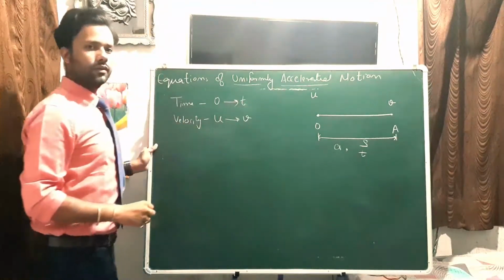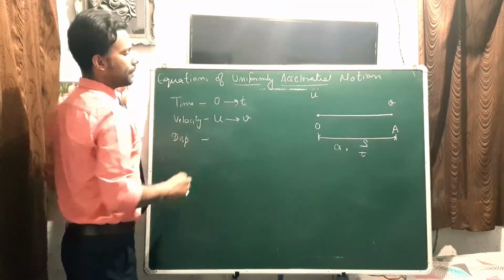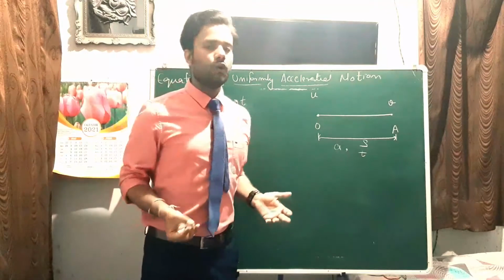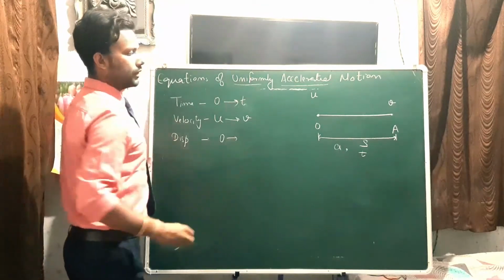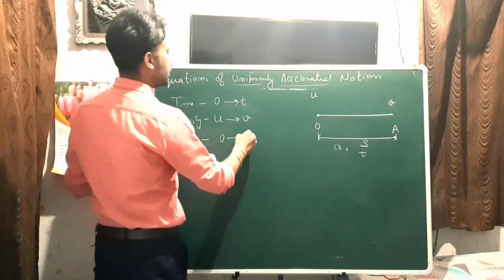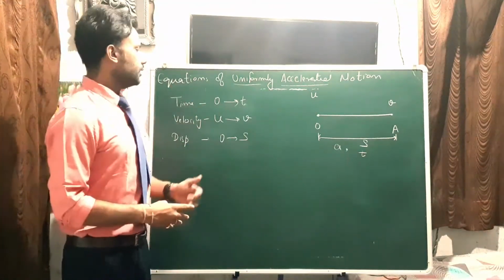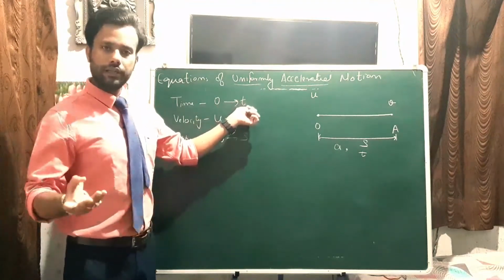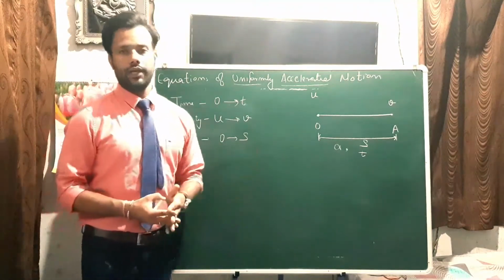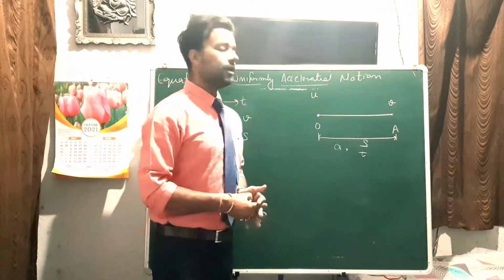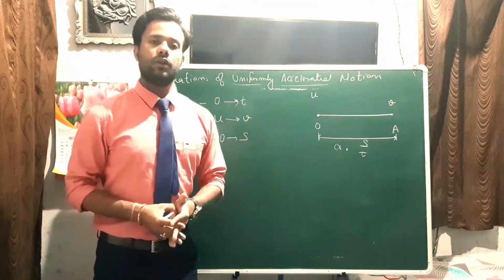These are the limits of velocity. Displacement: when this body started its journey, the displacement will be 0 at that time. So it is from 0, and after covering some distance, after time t, it reaches point s, right? So these are the limits of our quantities. Time changes from 0 to t, t can be anything. Velocity changes from u to v, and displacement from 0 to s. So please remember these limits, they will be used while solving the equations.